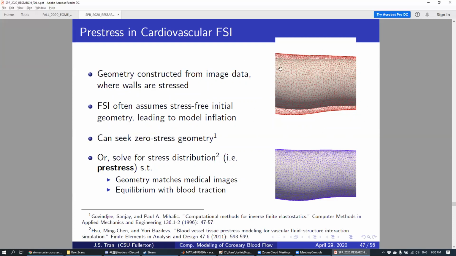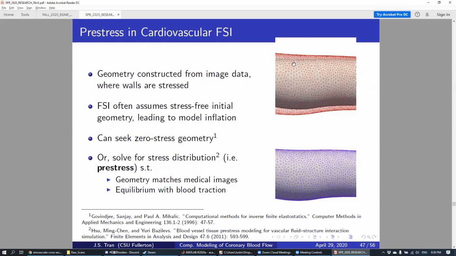So in this top figure here, underneath, I have the white geometry. And that white geometry is exactly what we extracted from the medical image. And then this red mesh that I'm layering on top is the geometry that we obtain after running the simulation a little bit. So you can see we have this natural inflation that takes place because we assumed that our original geometry here was stress-free.